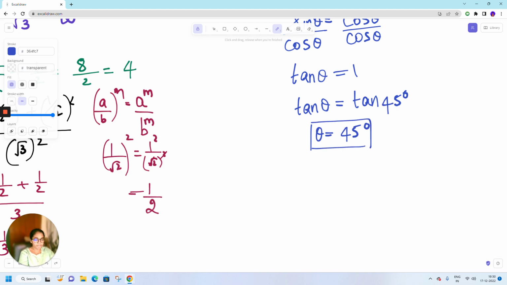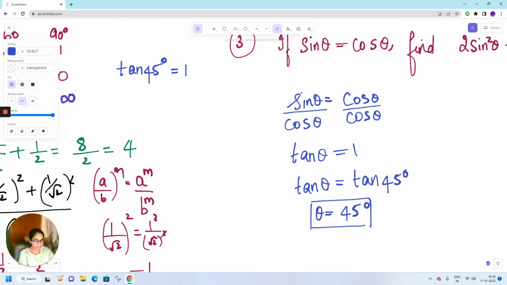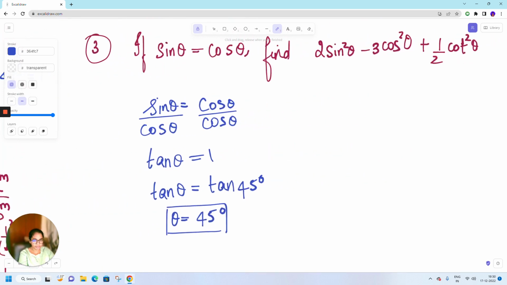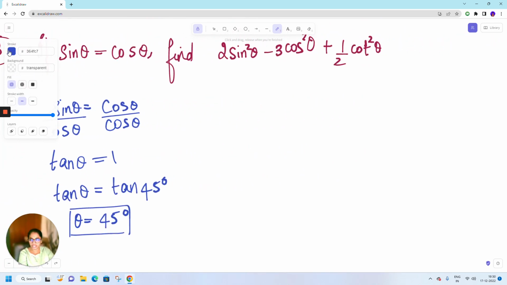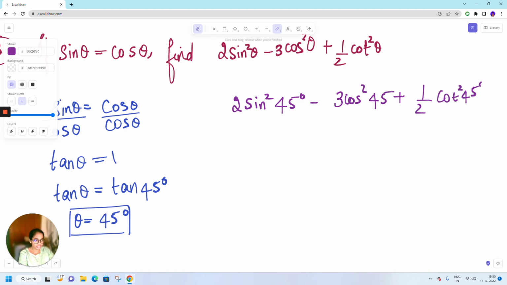Okay. Now, what are they asking us to find? We have the theta value. Let me substitute that theta value in the second half of the question. That is 2 sine square 45 degree minus 3 cos square 45 degree plus half cot square 45 degree.